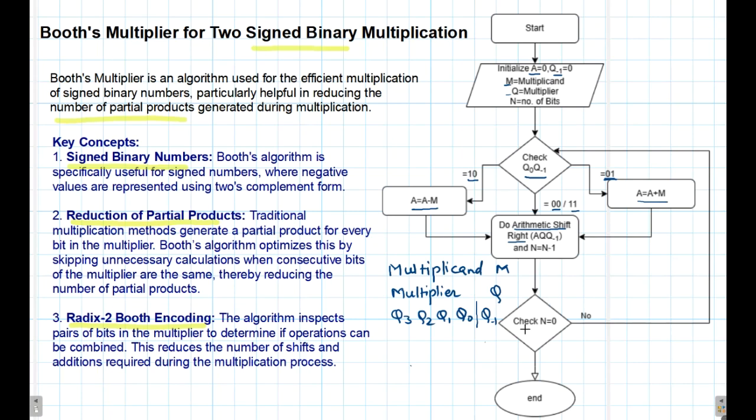In the next step, we check whether n is 0. If the value of n is 0, we come down to the result. If it is not, then we iterate again.